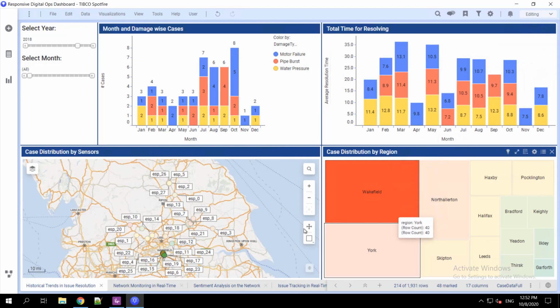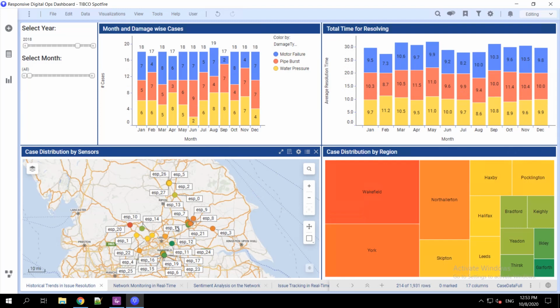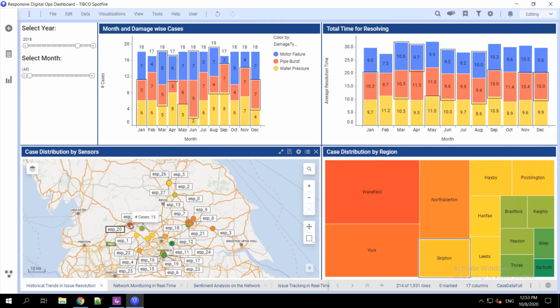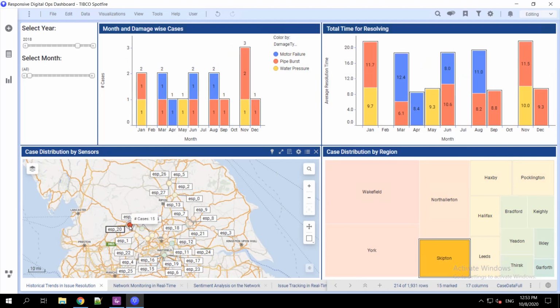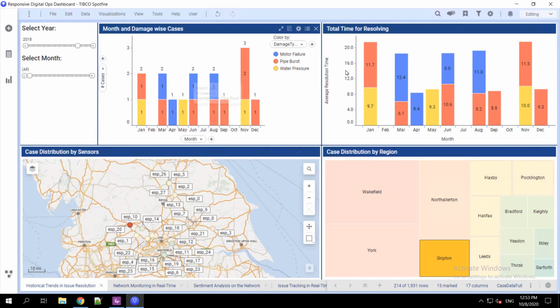Not only at the region level, Spotfire also allows us to look at the network at a sensor site. So this is the sensor location that we have. If I want to see what issues have been raised and when for this particular sensor location, I can just click on it to see how many cases have been raised here and what overall time we have taken to resolve these issues.